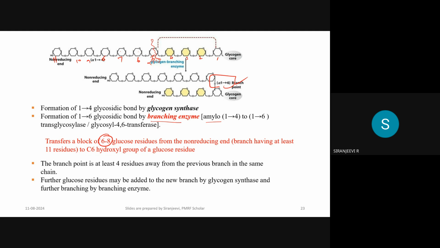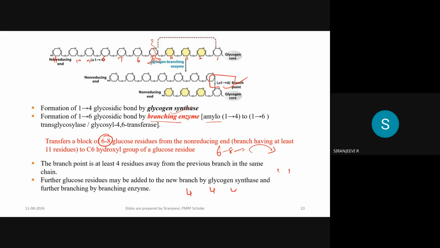So first, the glycogen synthase will add glucose to the already existing glycogen primer. Once it synthesizes 6 to 8 or 11 to 12 glucose molecules on the existing primer, then it will transfer 6 to 8 glucose molecules from the non-reducing end to form a branch. After some time, it will leave 4 glucose molecules.